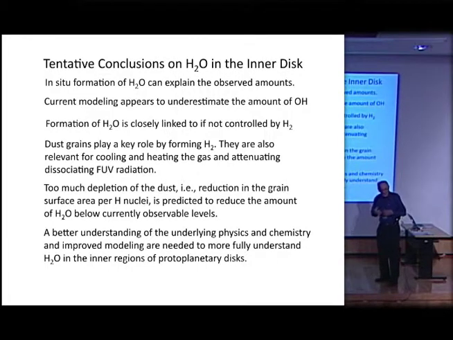You can make a fair amount of water in situ, meaning locally by local chemical processes dependent upon the temperature and the ionization and FUV. It fails to explain the amount of OH. And we've had that problem for a couple of years, and I don't have any solution to that.